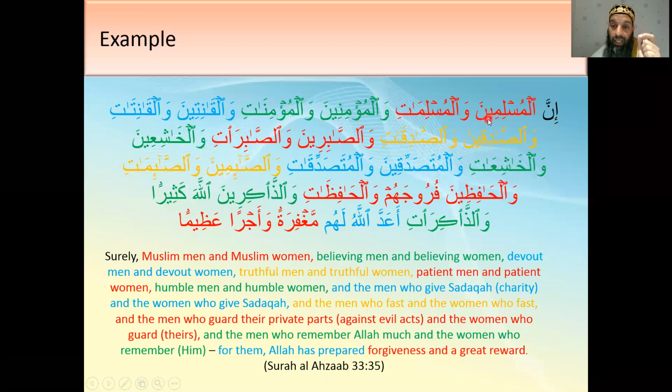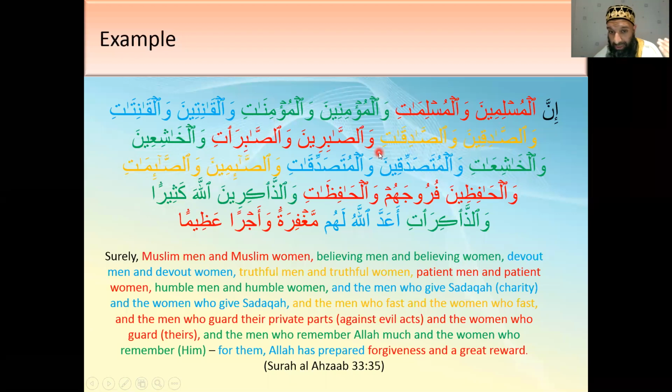So indeed, the Muslim men and the Muslim women, wal mu'minina, and the believing men, wal mu'minati, and the believing women, wal qanitina, and the devout men, wal qanitati, and the devout women, was sadiqina, and the truthful men, was sadiqati, and the truthful women.